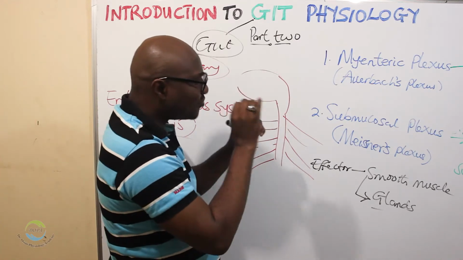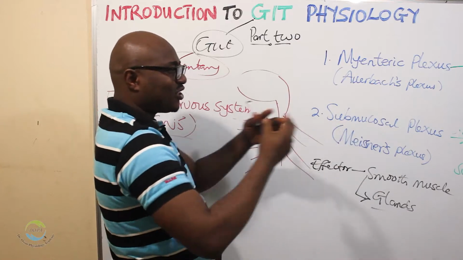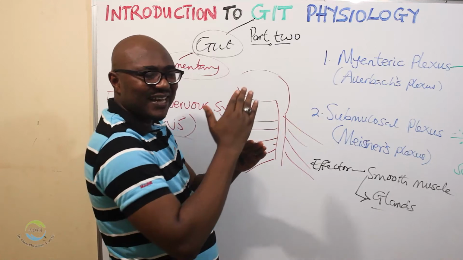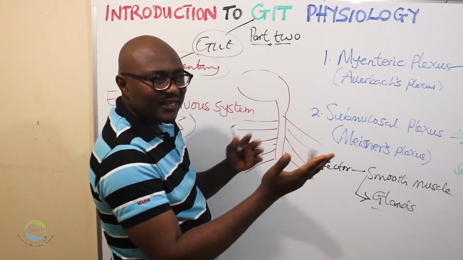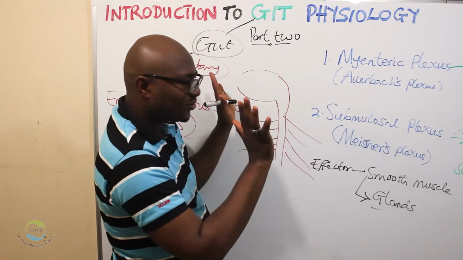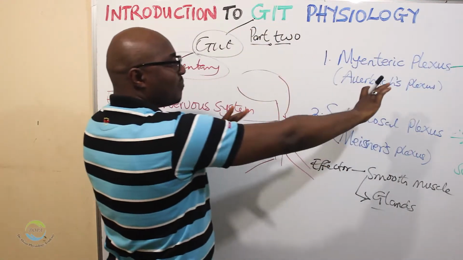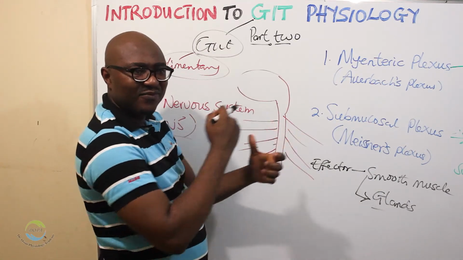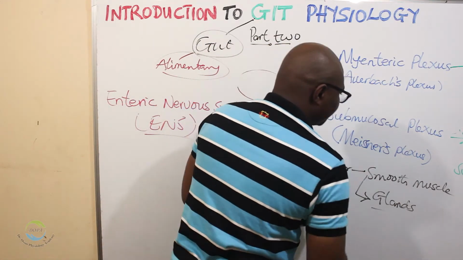But let's not bother ourselves with those mechanisms. Those are just the actions of neurotransmitters. Some are inhibitory, they inhibit action potentials from happening. Some stimulate and enable. That's how they function. So the myenteric plexus, Auerbach's plexus, is involved in smooth muscle contraction.